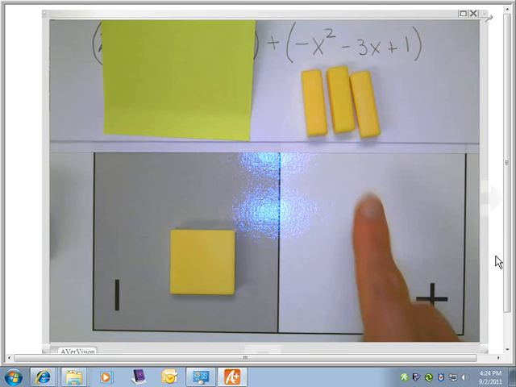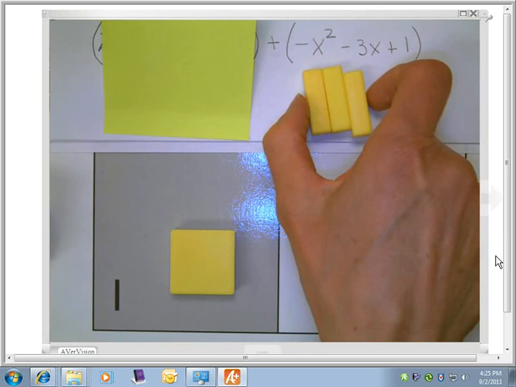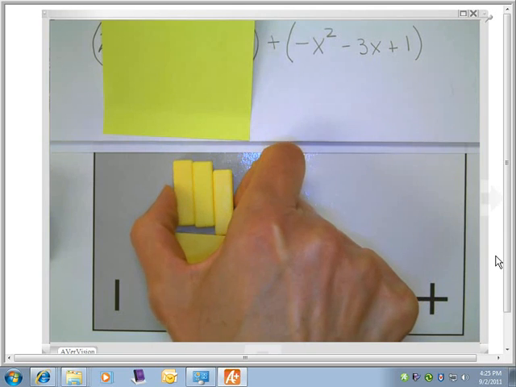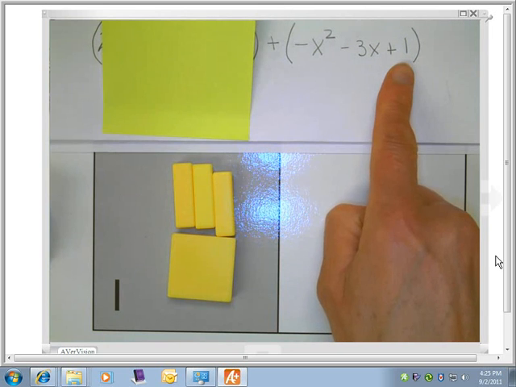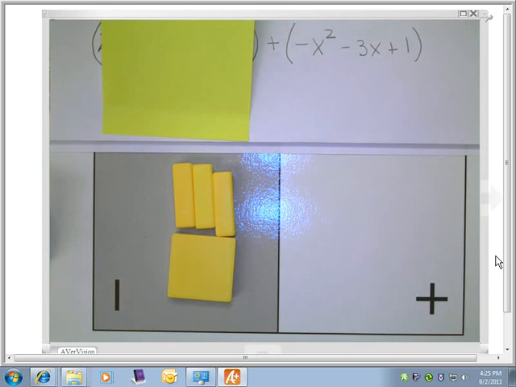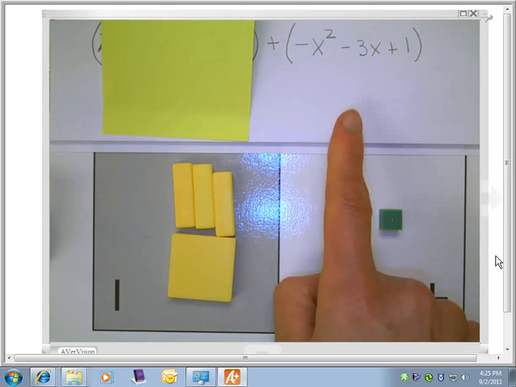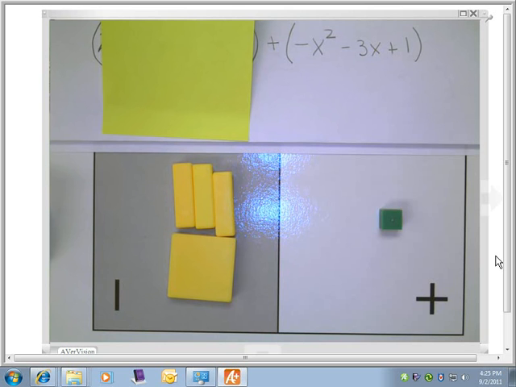I have 3. And those live over here in the negative box. And then I have 1 unit. Okay. So that's what that polynomial would look like.